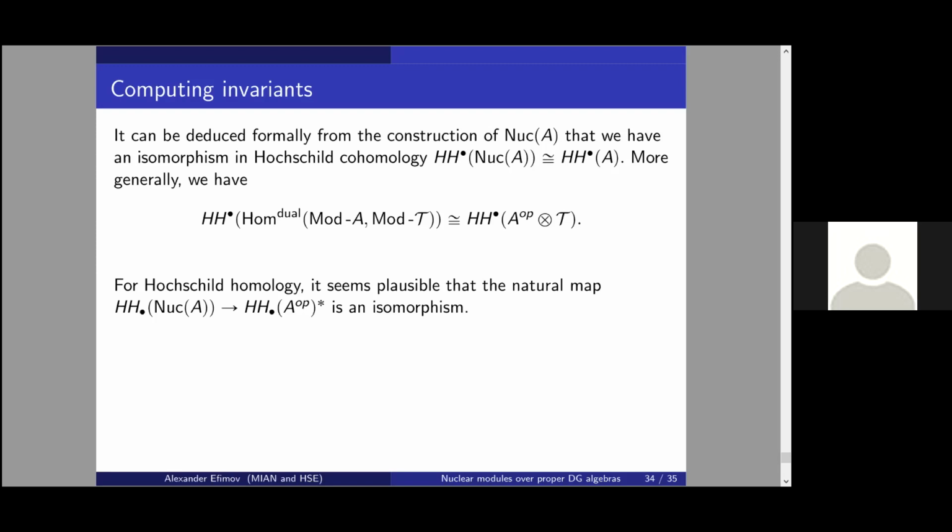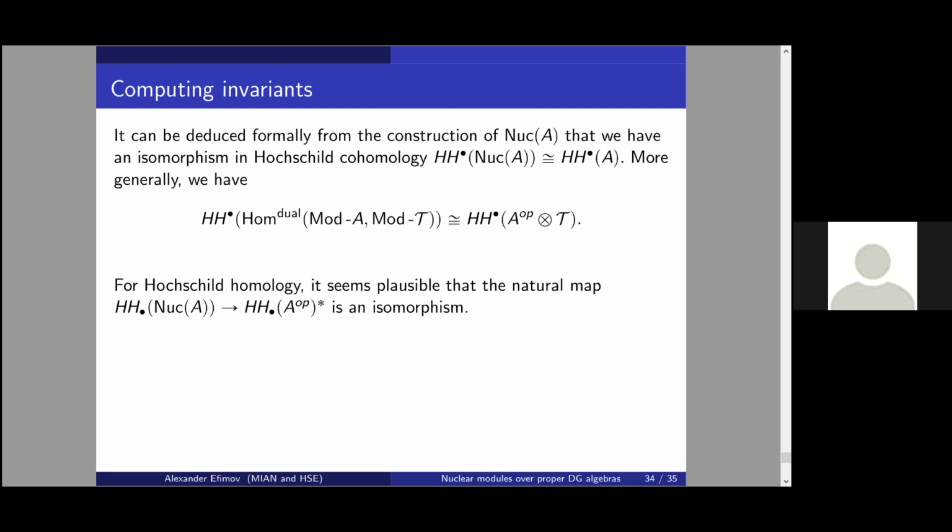Now for Hochschild homology, I don't really know how to make this work, but it seems plausible that the Hochschild homology of this nuclear category is just a dual K model to Hochschild homology of A opposite.